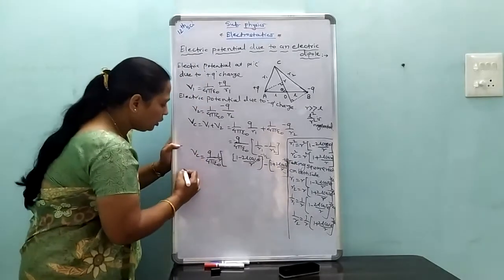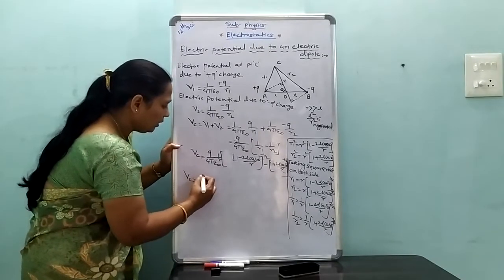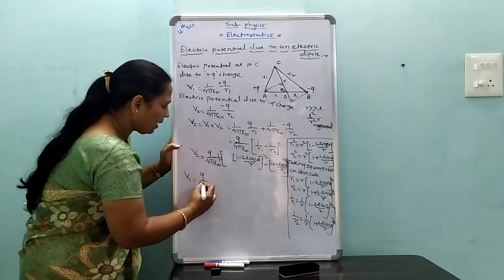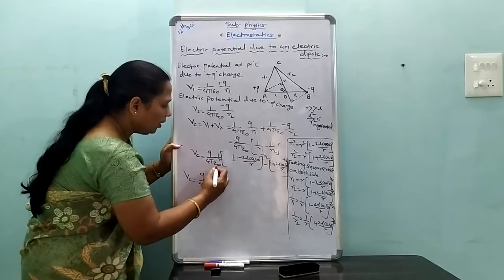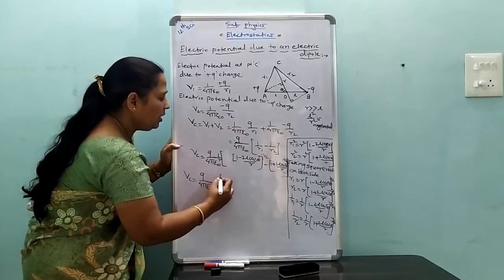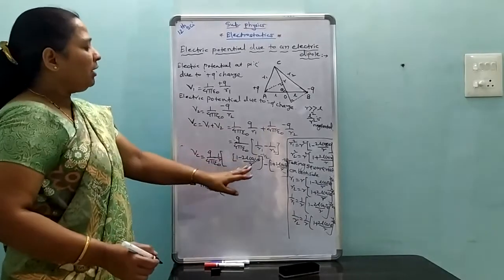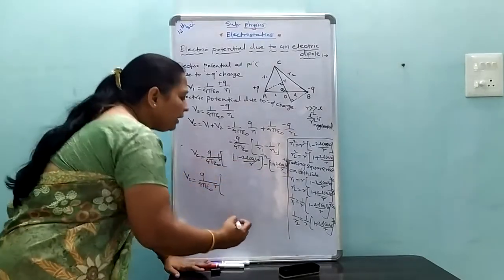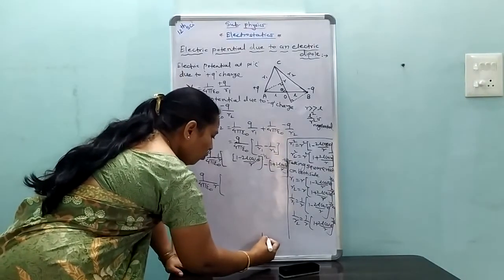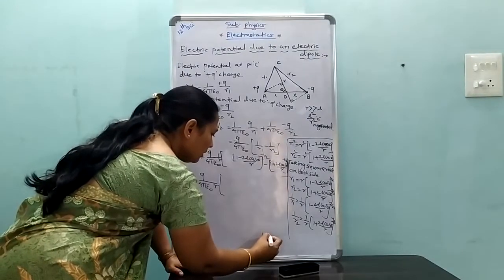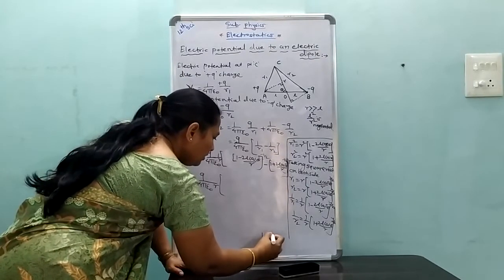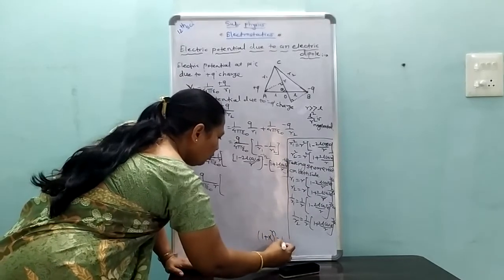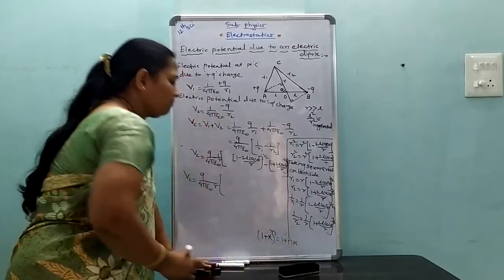Hence the net potential at point C, Vc is equal to Q upon 4 pi epsilon 0 into 1 upon R in bracket. By using binomial theorem, 1 plus x raised to n is equal to 1 plus nx.